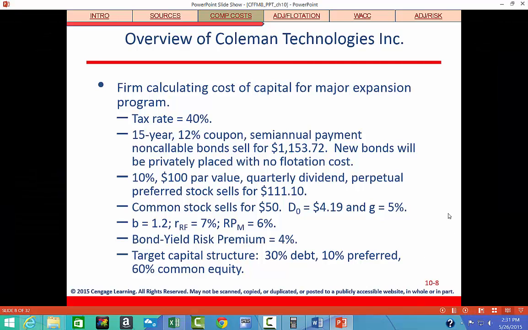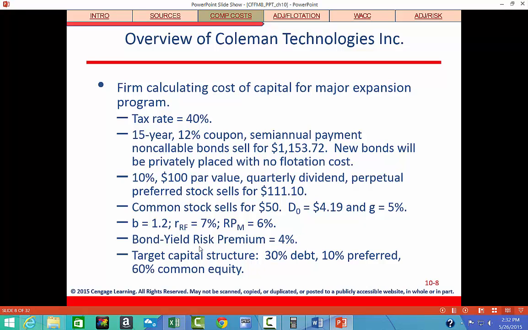So here we have a ton of information that we'll use to figure out the weighted average cost of capital. You've always got to have tax information, information for if you needed to issue new bonds, information about preferred stock, information about common stock, information for calculating the required rate of return.